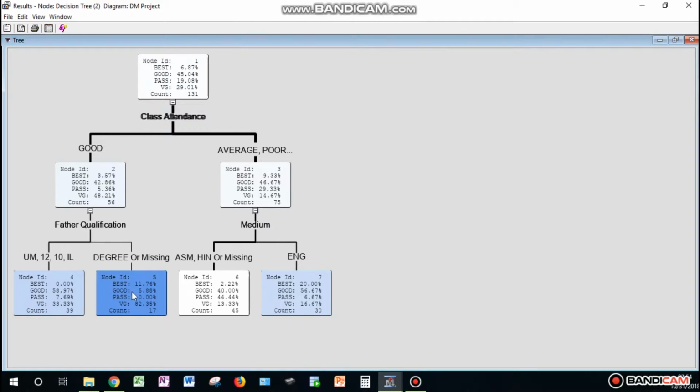But if we go even further, we can see that if a student had good class attendance and their father had a degree, that sample of students had about a 94% percentage of very good or best on the Class X percentage test. So that sample performed a lot better than the total sample did. So we're seeing that having good class attendance and a father with a degree is driving better results on the high school exam.